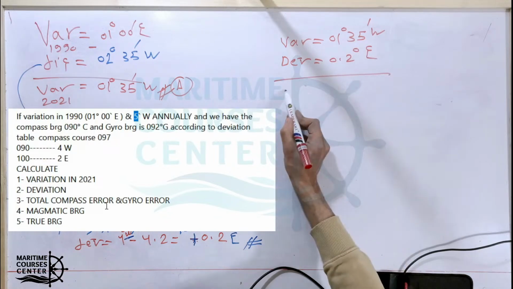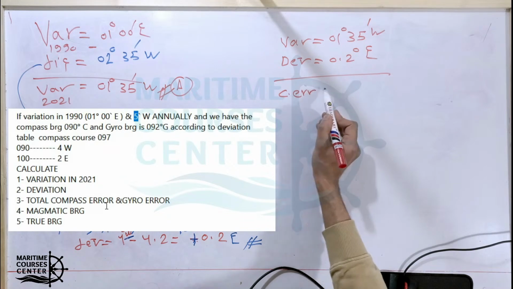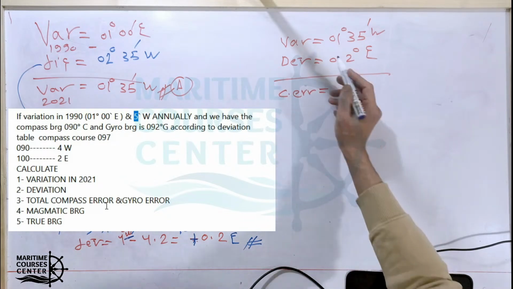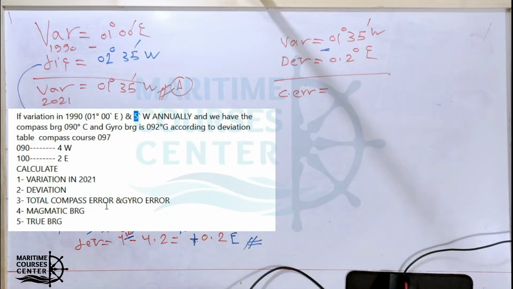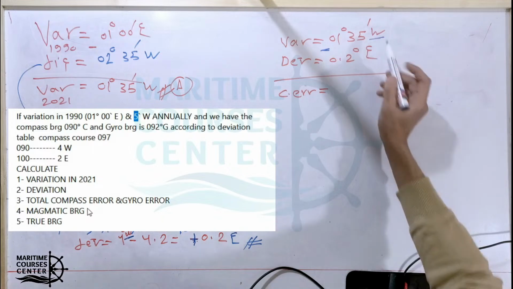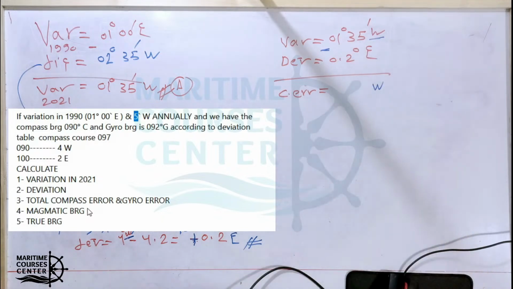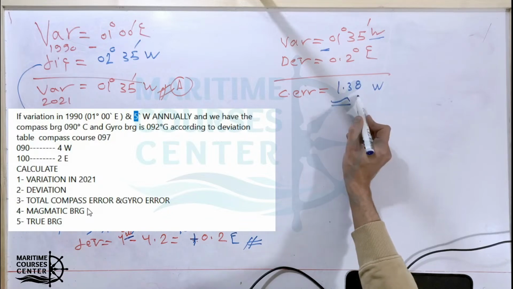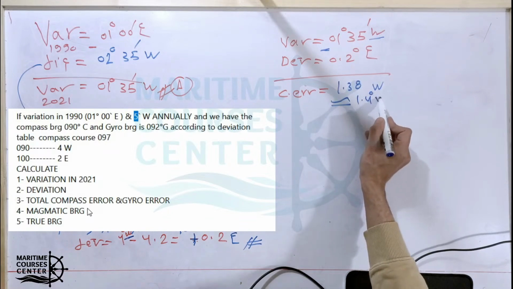So we want to calculate compass error. To calculate compass error, it's going to be minus, and we're going to subtract with this sign because it is the bigger one. So 1 degree 35 minutes minus 0.2 degrees is going to equal 1.38, so let's say 1.4 degrees west.